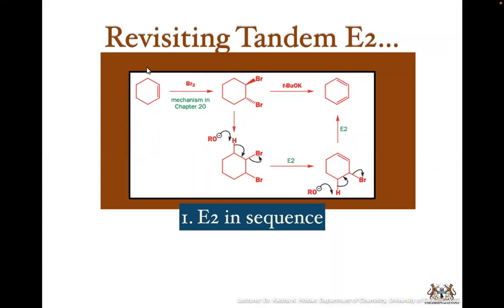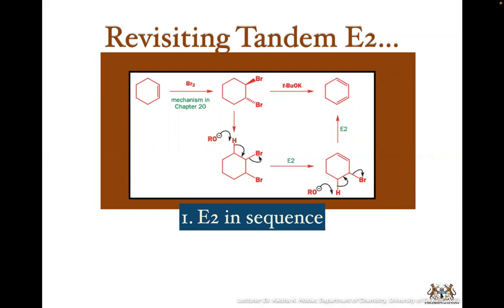This is the example we had seen, and it includes a cyclohexene molecule being reacted with bromine to give the 1,2-dibromide in anti fashion, right? One bromine atom is pointing up, the other bromine atom is pointing back. And then once this molecule has been formed, it is subjected to bulky basic conditions. So we have tert-butoxide.